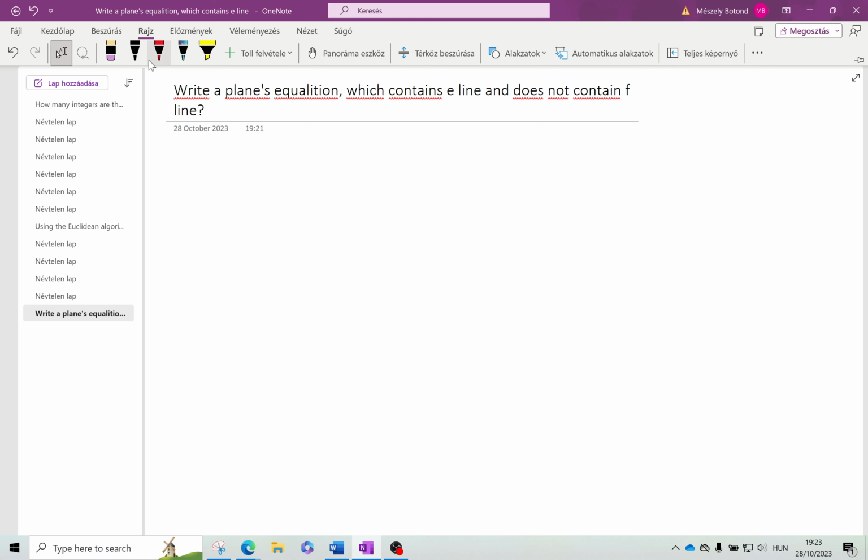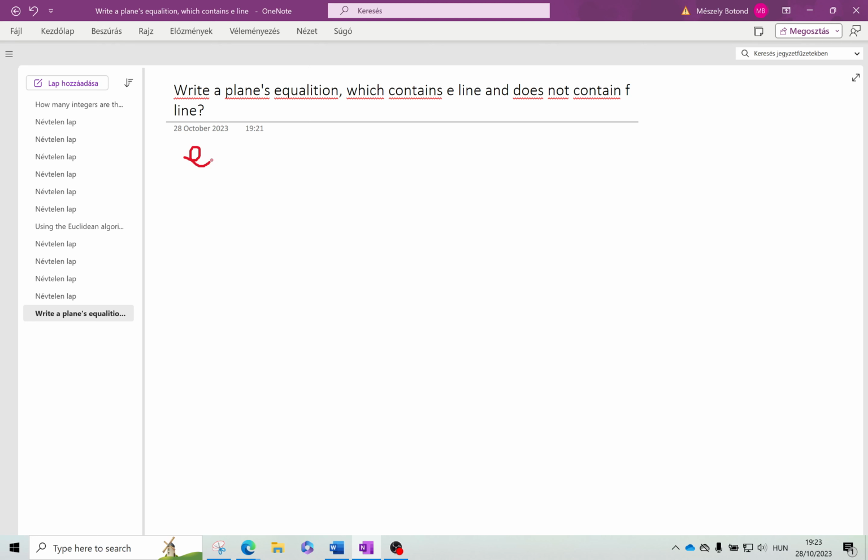So first, A is x minus 1 per 2 equals 5 minus y, and z equals 2.